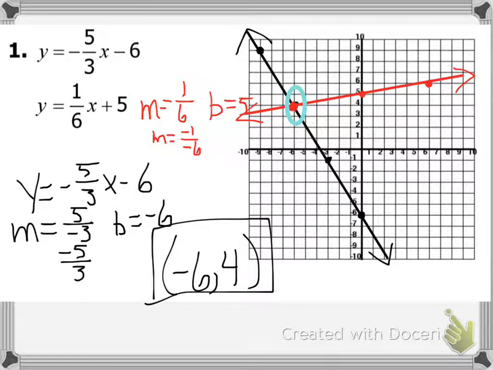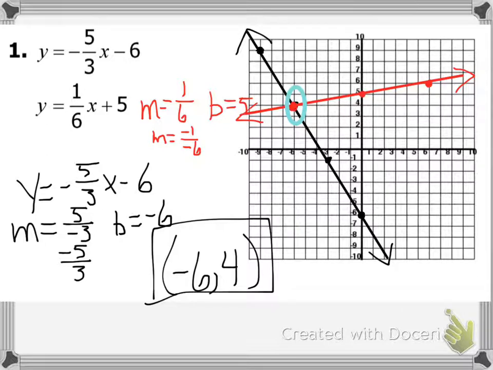Because I do have some ordered pairs, like this one right here, that is a solution of this equation, but not this equation. This point right here is a solution for this equation, but not this equation. So I got to make sure this point checks out for both of them. Does that make sense? So I'd plug -6 in for x, 4 in for y, see if I got a true statement out of both equations.